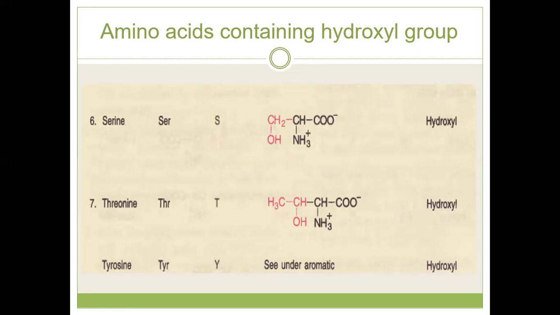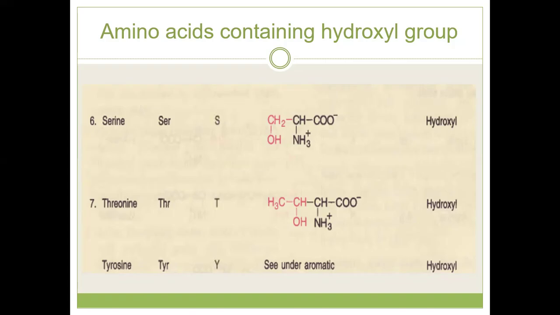In threonine, you have two carbons attached to the alpha carbon. On the beta carbon, you have a substituent hydroxyl group. That gives what we call threonine. And then the last one is tyrosine.